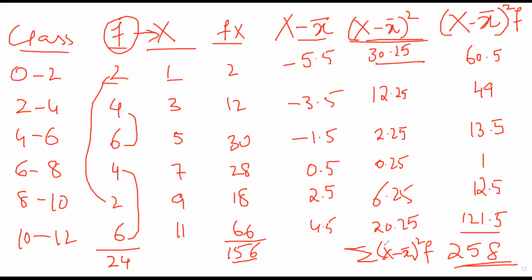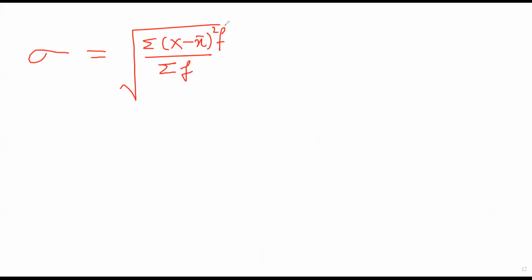Finally, for your standard deviation, you will divide this with this under a root. So your standard deviation is equal to root over sigma of capital X minus small x bar whole square into f divided by sigma of f, is equal to root over 258 divided by 24.